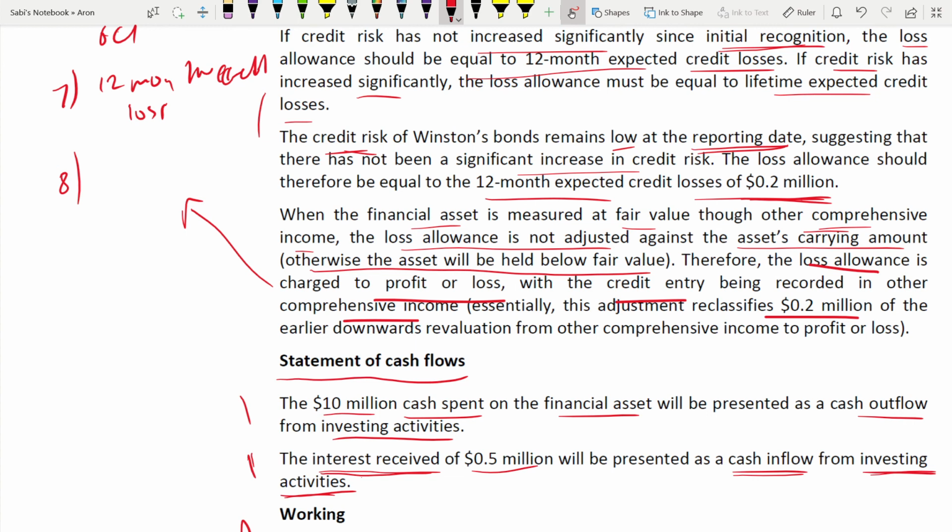Because of this adjustment, you have to reclassify the 0.2 from other comprehensive income to profit and loss. How do you have things in other comprehensive income? If already earlier there was some downward revaluation.